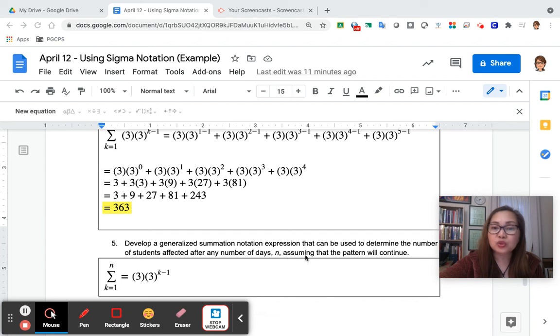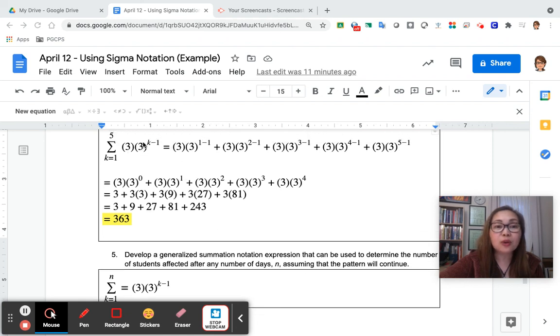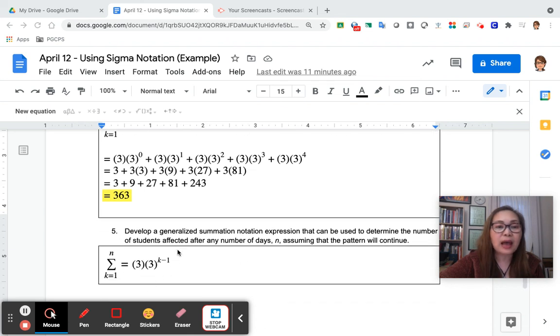So you're assuming that the pattern, meaning to say the formula, holds true and it will continue. So this is now how your formula would look like in summation or sigma notation. From k equals 1 until any day is not indicated, and you have still 3, the first number, first case, and then common ratio and k minus 1.